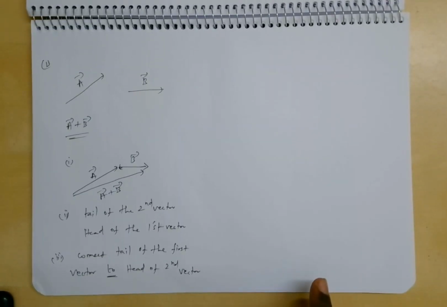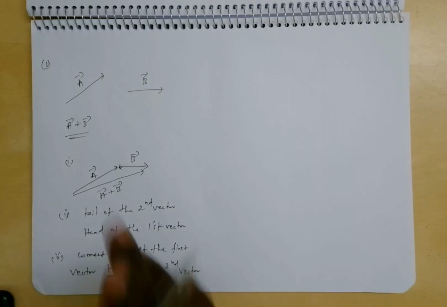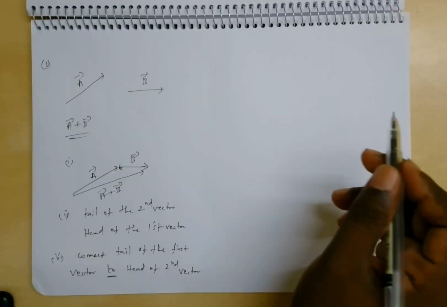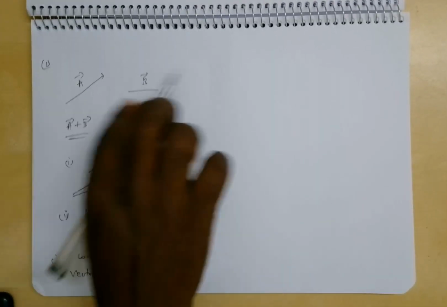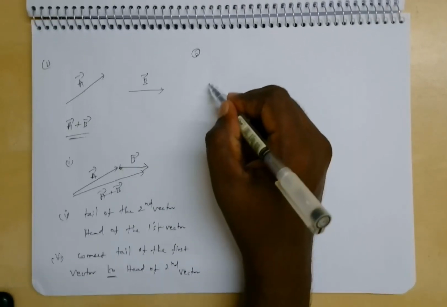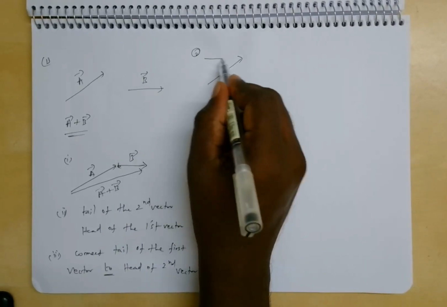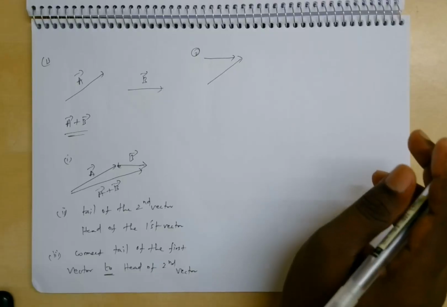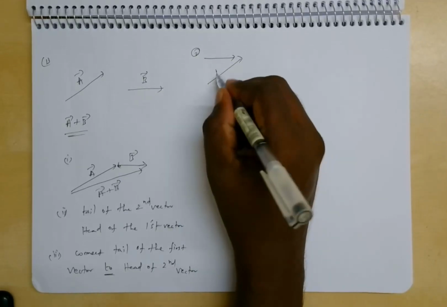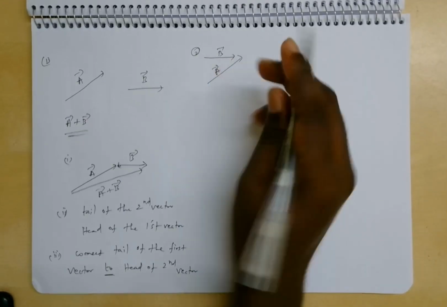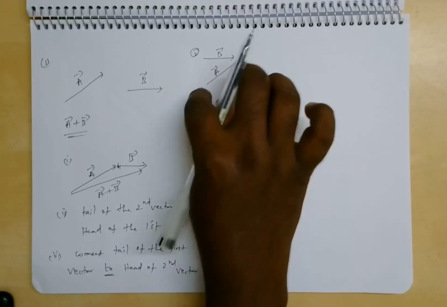They can be in any orientation. Sometimes the same problem is given like this: A vector is in this direction, B vector is in this direction. They'll ask to find the resultant vector. Simply take the B, put it here, find the resultant vector, that's all.